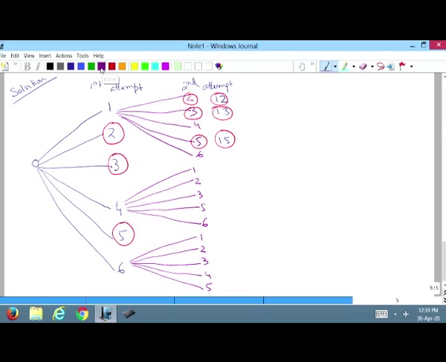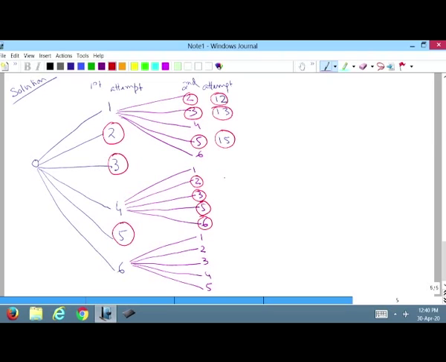Similarly, from here we stop at 2, we stop at 3, we stop at 5, because these are prime numbers, and also we stop at 6 because the two numbers that have been picked are even.